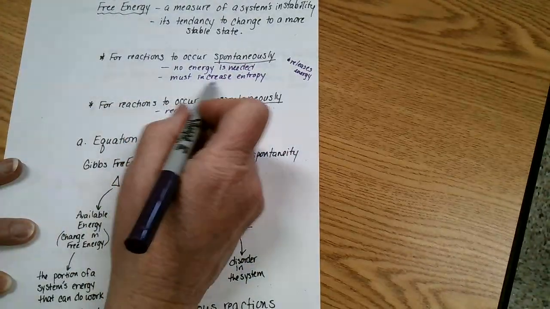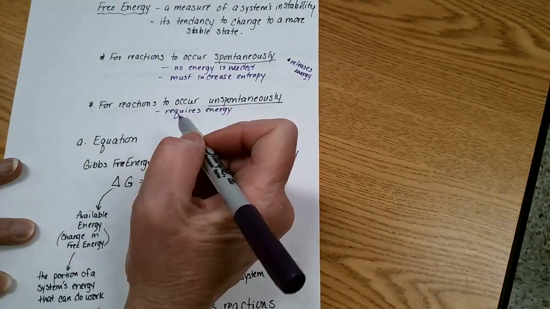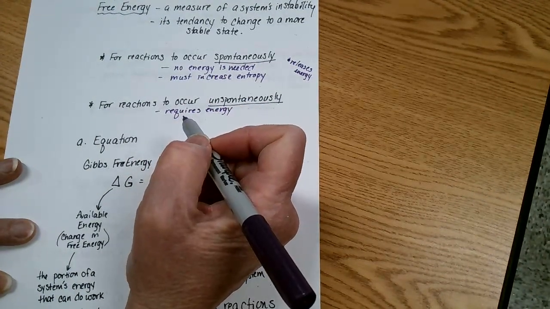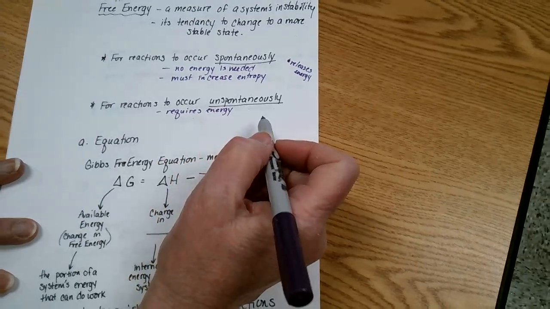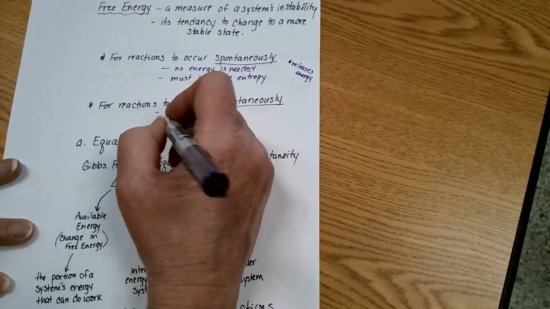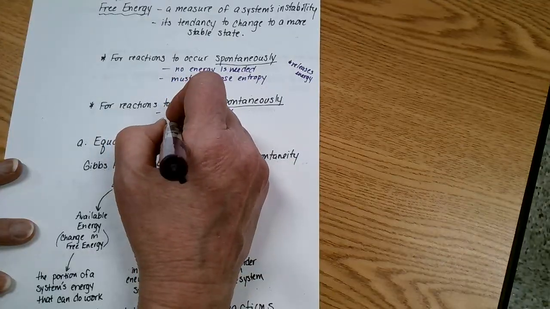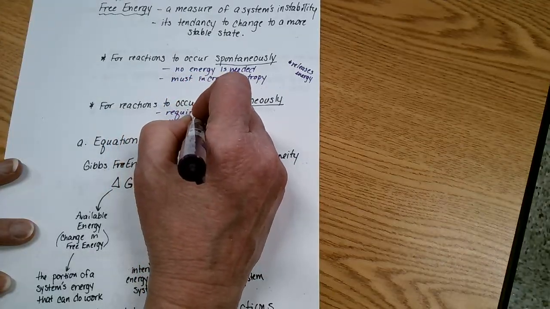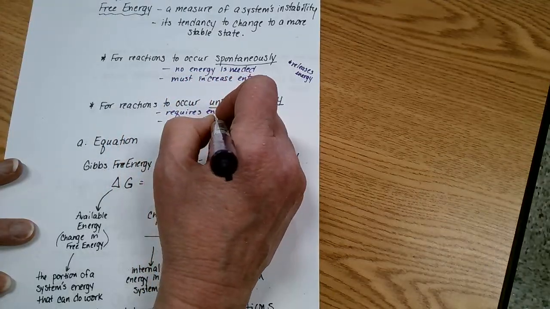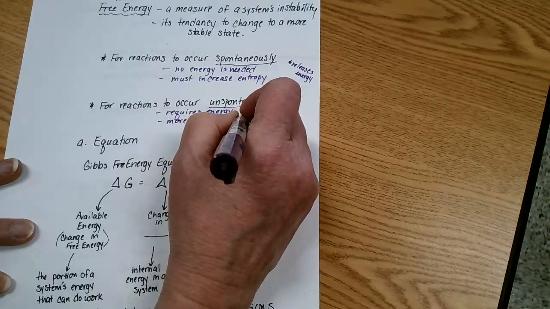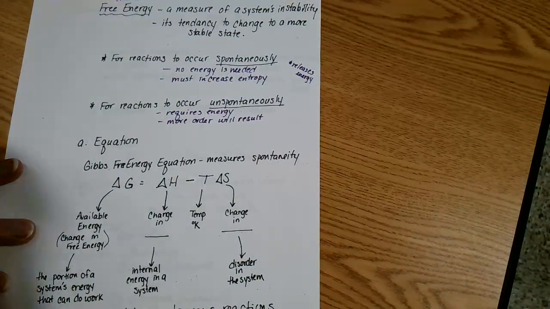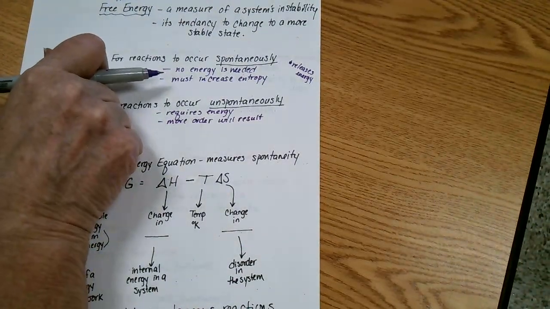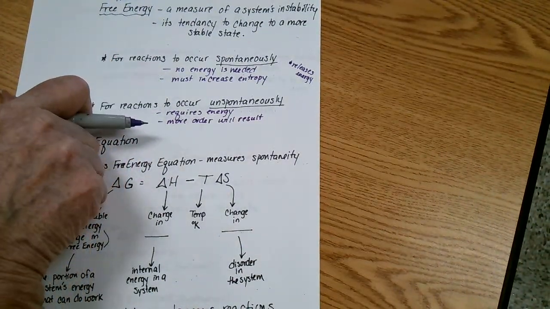For a reaction to occur unspontaneously, energy needs to be added. So more order will result. So here we're getting more disordered. Here we're going to put order.